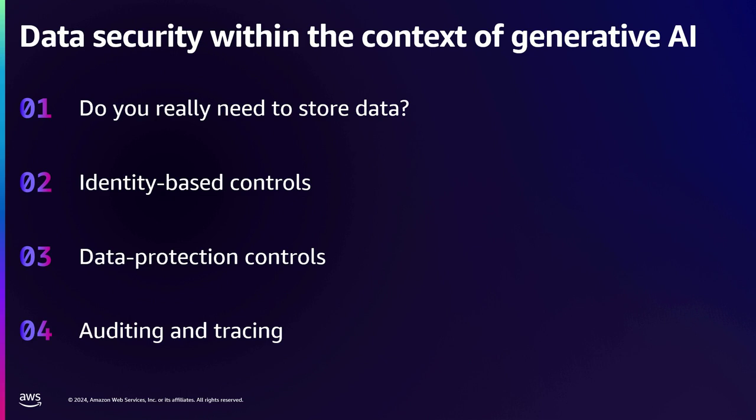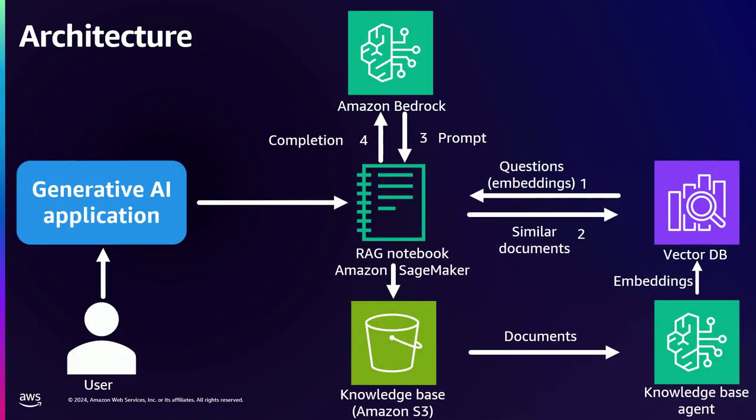But before proceeding ahead, let's look at an architecture I typically see that most customers have. If you look at the architecture on the screen, you would see a user interacting with a generative AI application, and at the back end, there's Amazon SageMaker, which is our MLOps service, if you're very familiar with AWS, and it's using RAG. RAG refers to retrieval augmented generation.